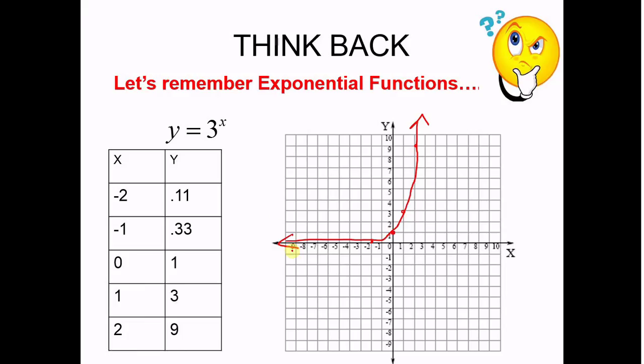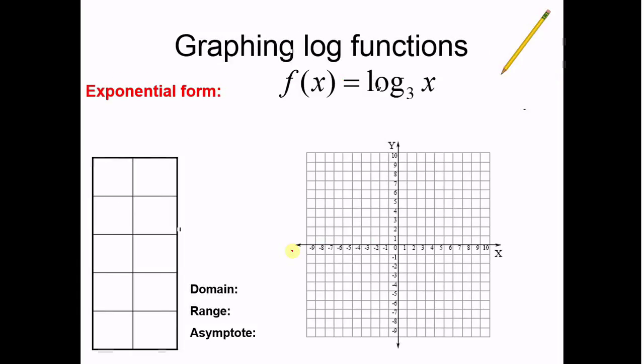Now, graphing logs and exponentials are alike, right? We've been changing back and forth between the two functions. So what if we can't use that to graph an exponential function or graph a log function, right? So this is y equals log base 3 of x, right?